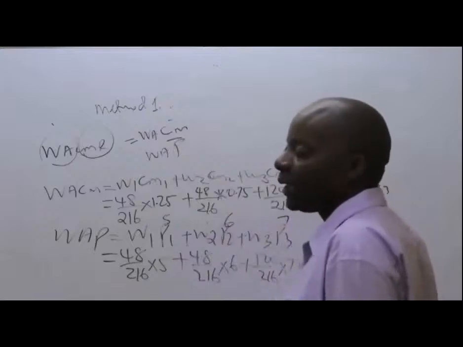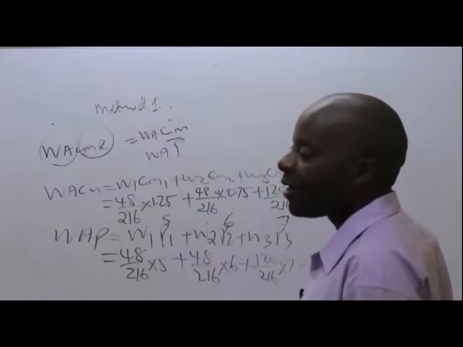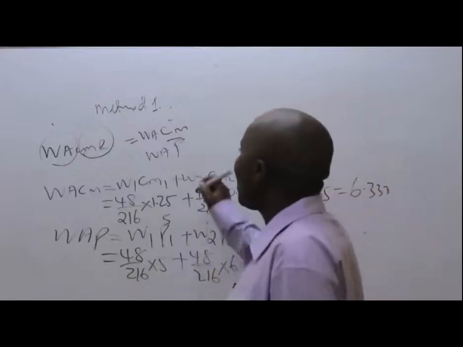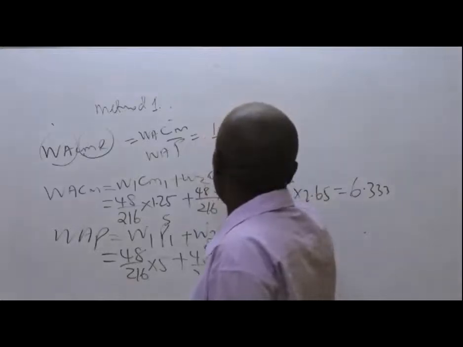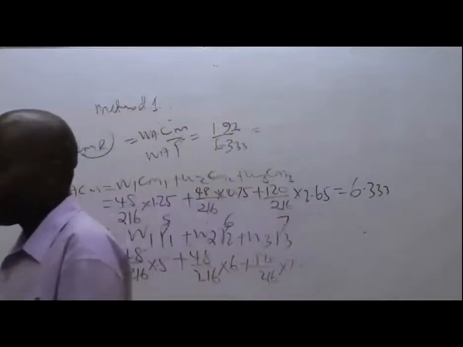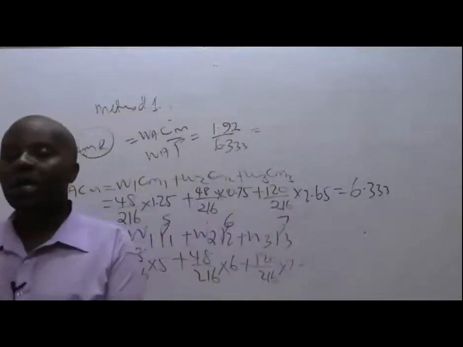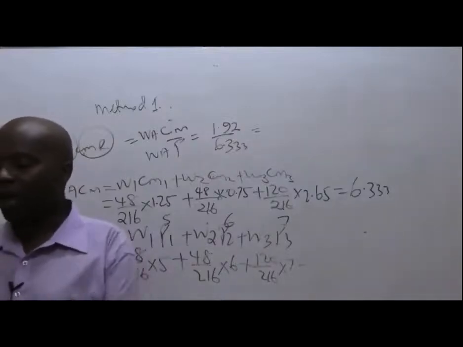And then if you want to know that we are correct in both methods, save for rounding off errors, come and say here the WACM is 1.92 over 6.3333. Just try doing that, and then you give me the answer for our weighted average contribution margin. Great, I can see what Mary Njoroge is getting.